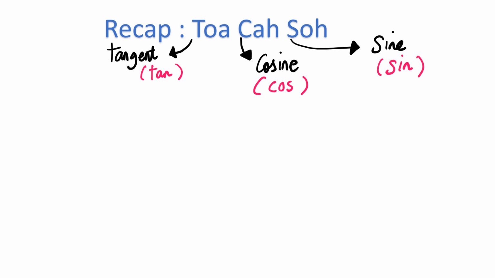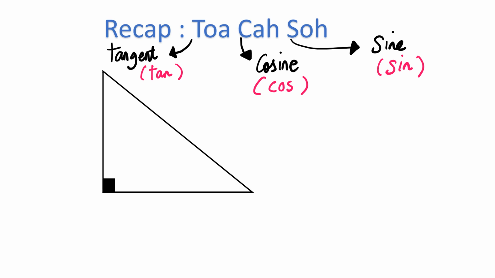Alright, so we start off with using a right angle triangle. And let's identify the angle that we're interested in. Let's call this angle theta. Right. So there are three sides to the triangle. The side that is opposite the angle theta, we're going to label as opposite.